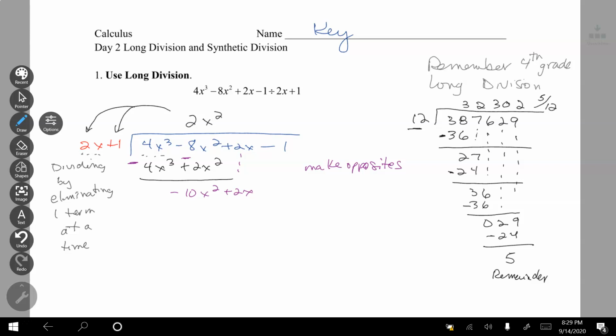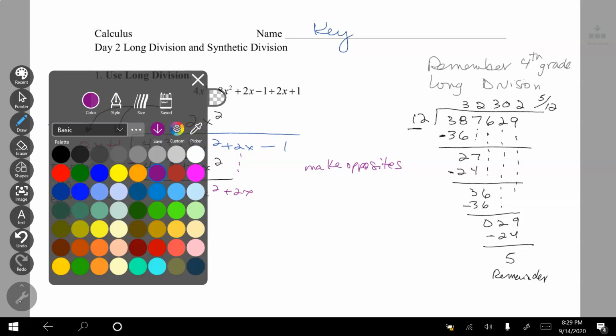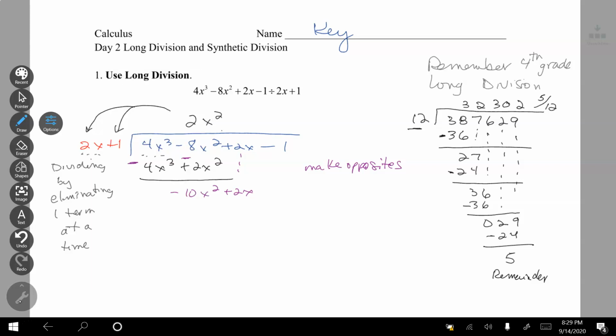Then I say to myself, well, what do I multiply 2x by to get rid of this 10x squared? I say, well, I need a negative 5x. I multiply both of these, I get negative 10x squared minus 5x. Again, I'm going to force opposites. So it's plus this and plus that.